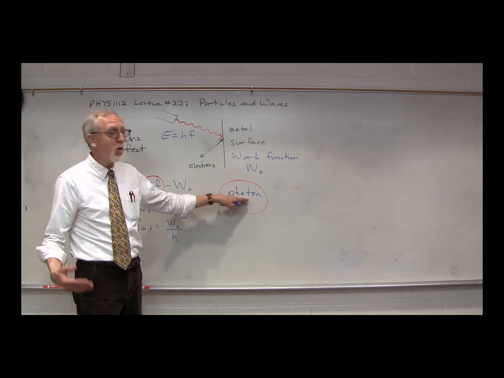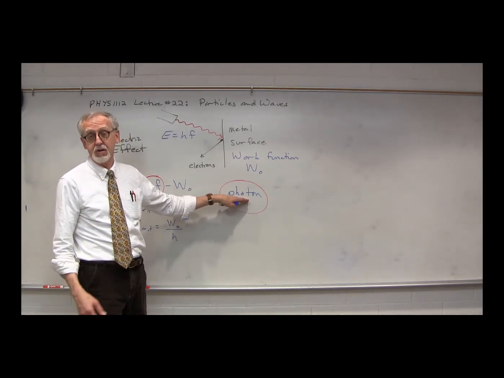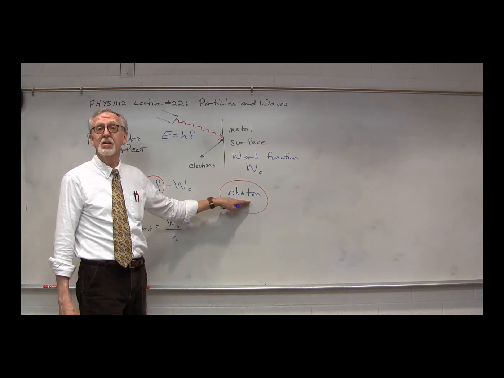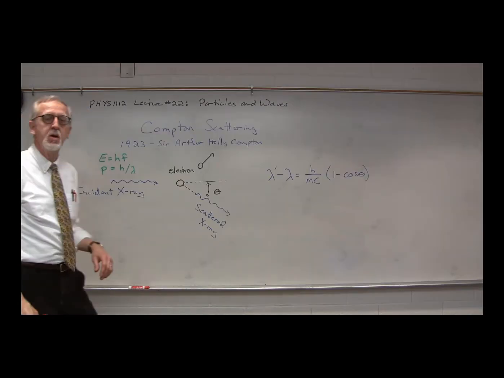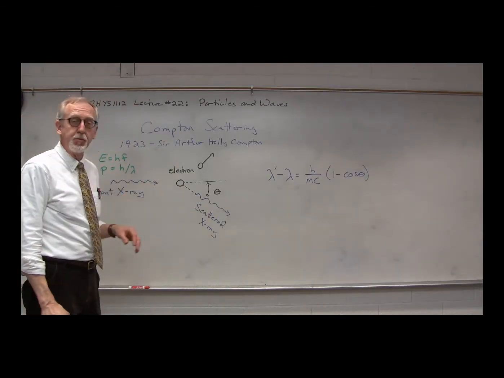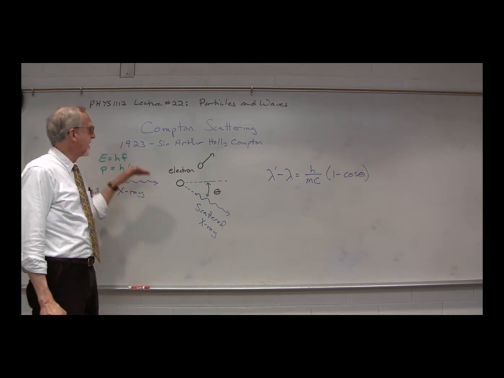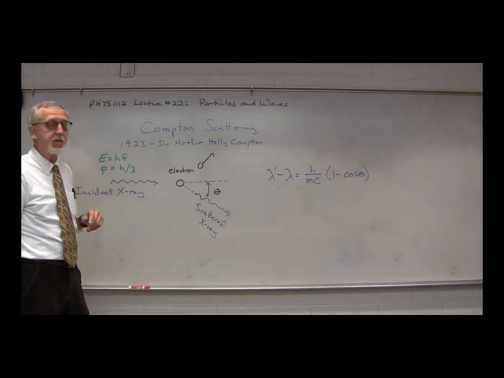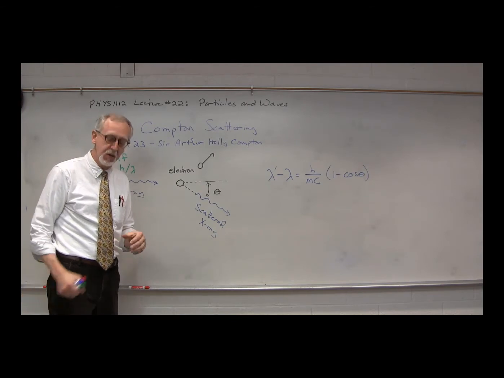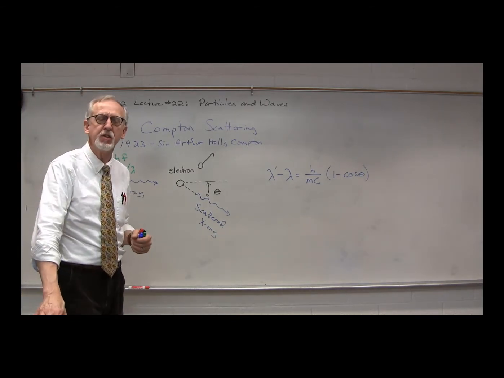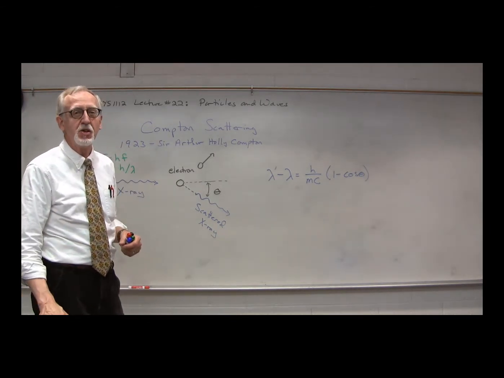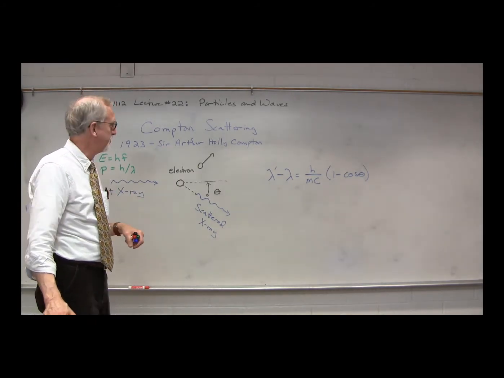However, there was some more evidence for this particle nature of light, called Compton scattering. Compton scattering, or sometimes referred to as the Compton effect, was actually first discovered in 1923 by Sir Arthur Holly Compton, who was doing his work at Washington University in St. Louis, which I have to mention because that's my graduate school alma mater.